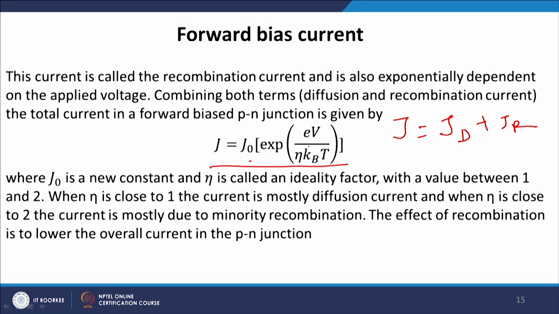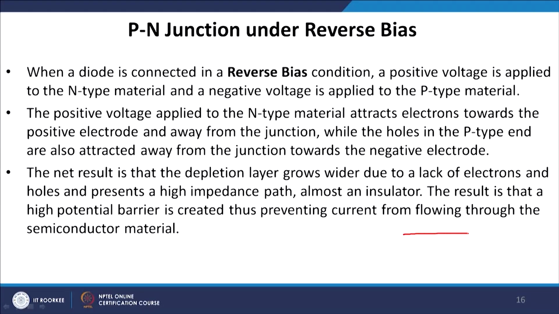So far we have discussed the diode in a forward bias condition. Similarly, the diode can also be connected in a reverse bias condition. For example, if we have a PN junction diode like this and I add the battery in such a way that the negative terminal of the battery connects to the P side and the positive terminal of the battery connects to the N side, in this case the diode will be called a reverse biased diode.